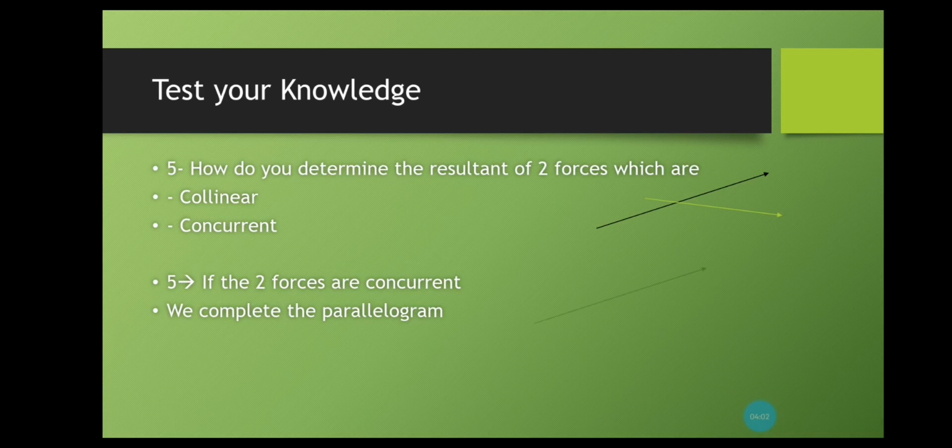The first thing you have to do, you draw the first force again, and the second force starting with the same point that the first one started. So now you have two sides of the parallelogram. You complete the parallelogram and you draw the diagonal. So the red vector is the resultant force of the two vectors, or the two forces, the black one and the yellow one.